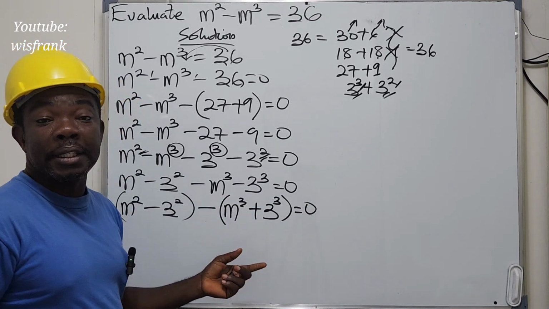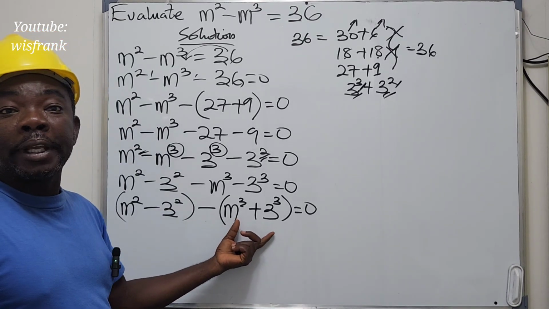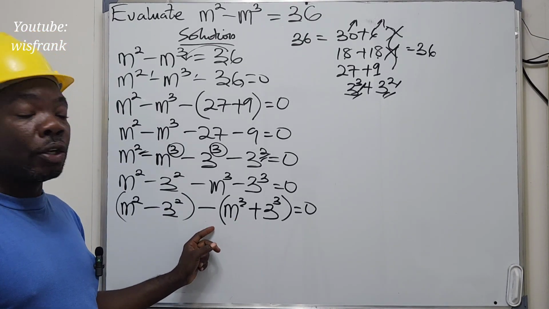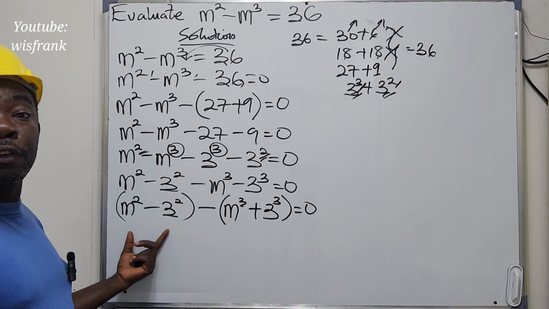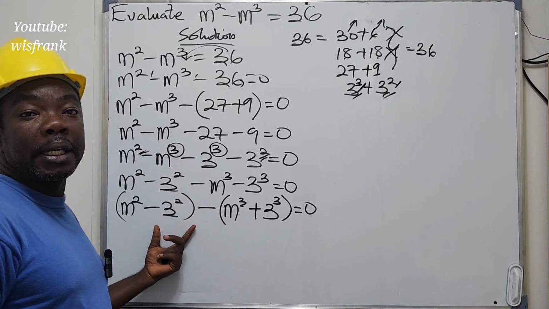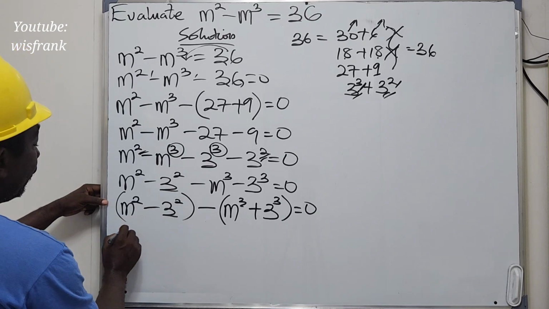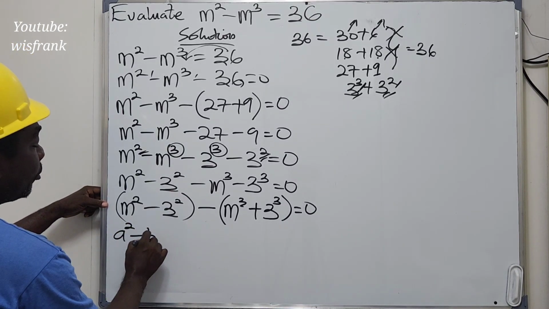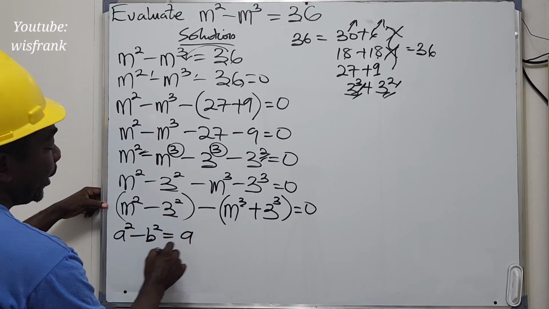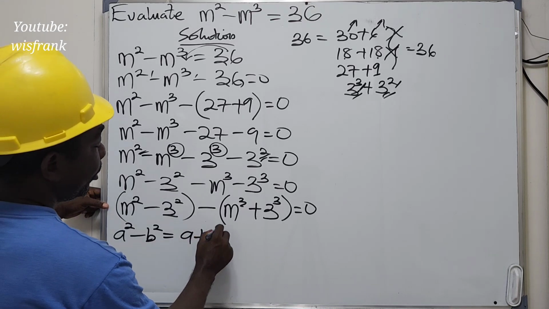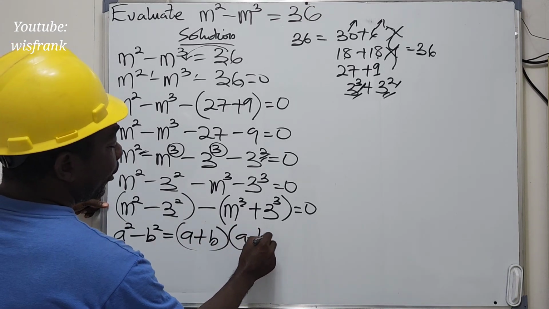We have two parentheses here, and they are separated by a negative sign. So what we are going to do is to solve this independently or separately. This first one is in the form of a to the power of 2 minus b to the power of 2, which is the same thing as a plus b into a minus b.